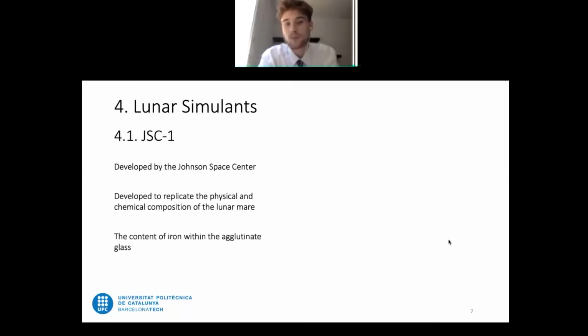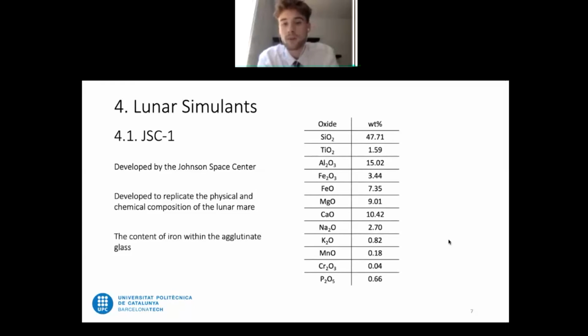And in this table here, we can see the chemical composition of this lunar simulant. It must be noted that we can see an Fe2O3, also known as hematite. Hematite corresponds to the third stage oxidation of iron, which is not really present on the moon, for the reasons of space weathering and the events that occur on the lunar surface.